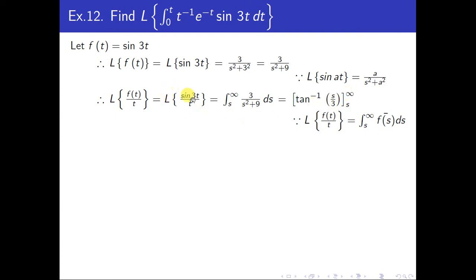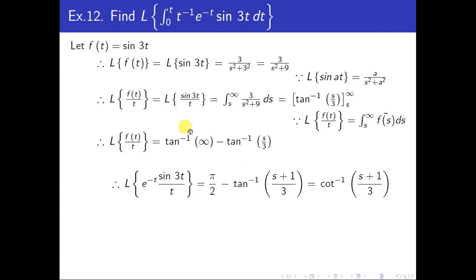Here we have applied the formula Laplace transform of f of t by t is equal to integration from s to infinity f bar of s ds. Let us put the limit: tan inverse of infinity, minus tan inverse of s by 3 for the lower limit. But tan inverse of infinity is pi by 2.